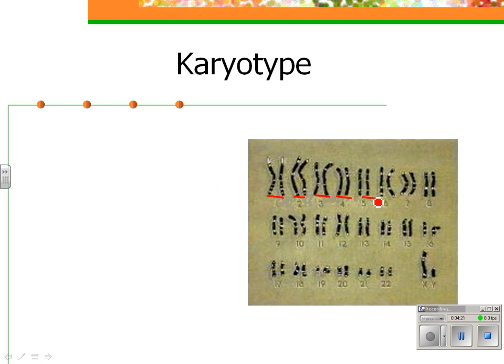Your chromosomes are numbered by size and where this little thing in the middle is. That little thing is called the centromere. And so you'll notice that it generally goes from big to small, where chromosome pair number 22 is really small.